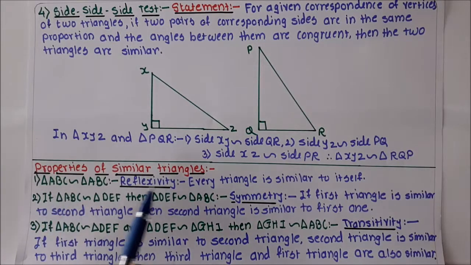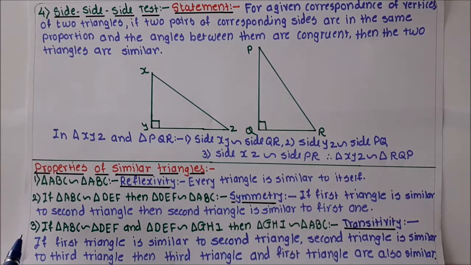Then second one is symmetry. Symmetry means if the first triangle is similar to the second triangle, then the second triangle is similar to the first one. You can see here, if triangle ABC is similar with triangle DEF, then triangle DEF is similar with triangle ABC. Now the third property is transitivity.